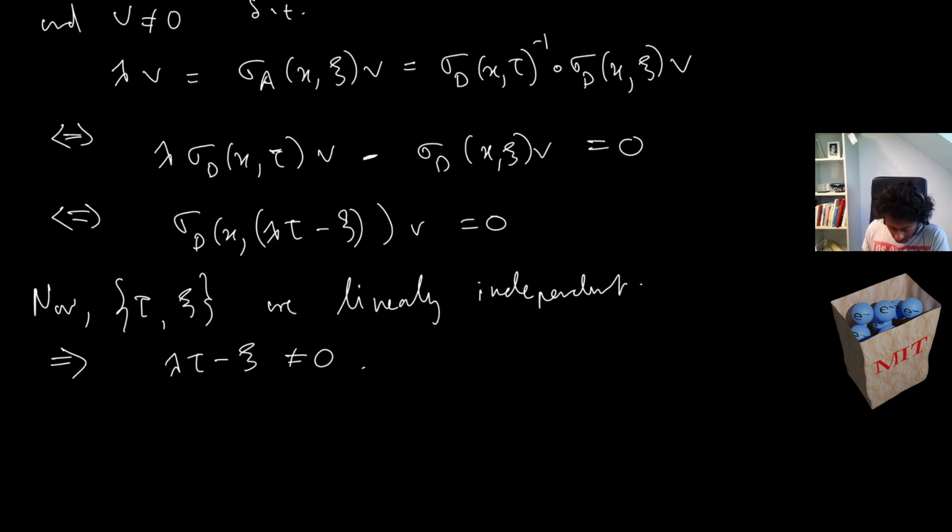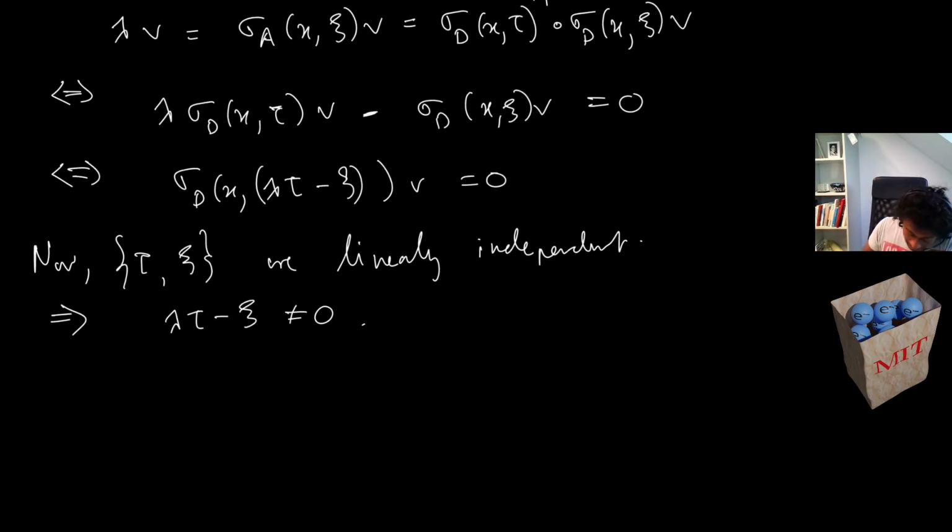Okay, so we have a non-zero covector and a non-zero V for which the symbol of D is 0. So that means that D is not elliptic, right? So this contradicts the ellipticity of D. Okay, so that's the contradiction.